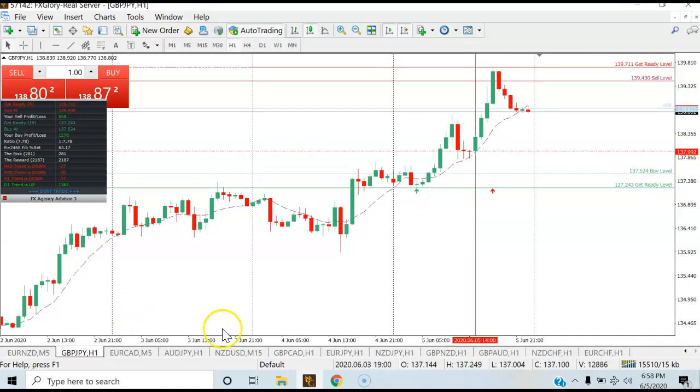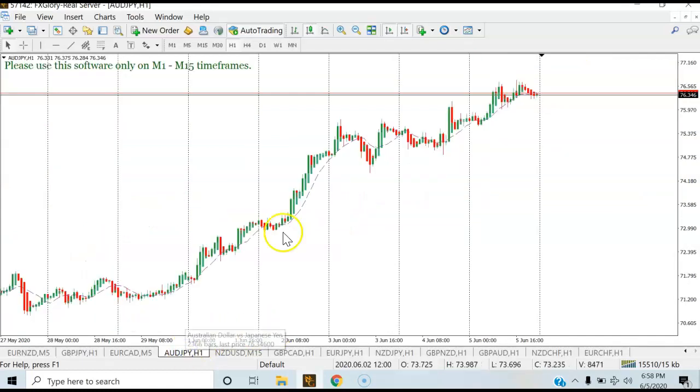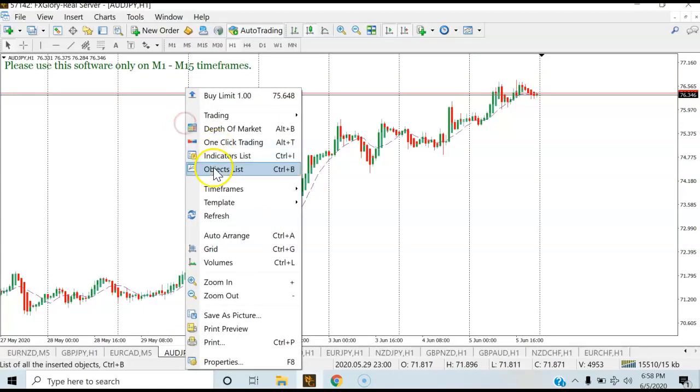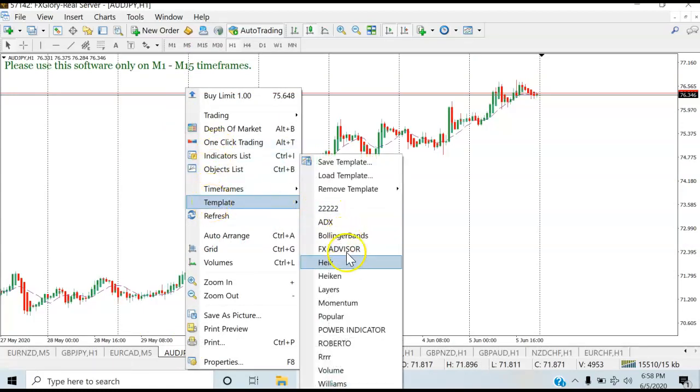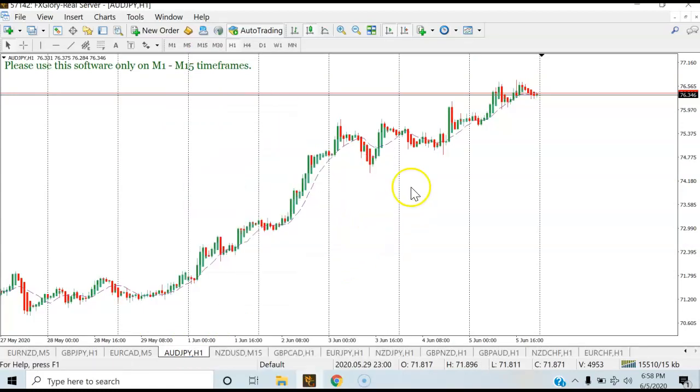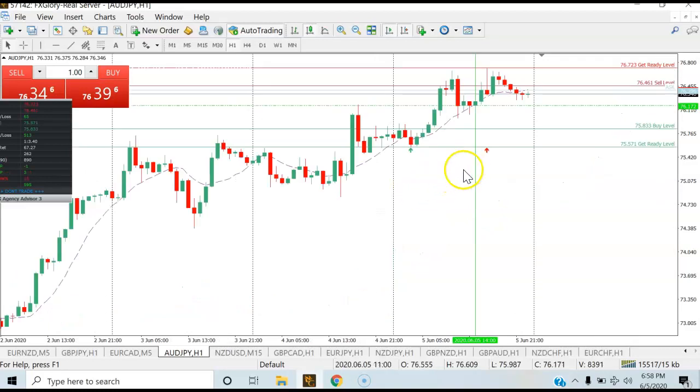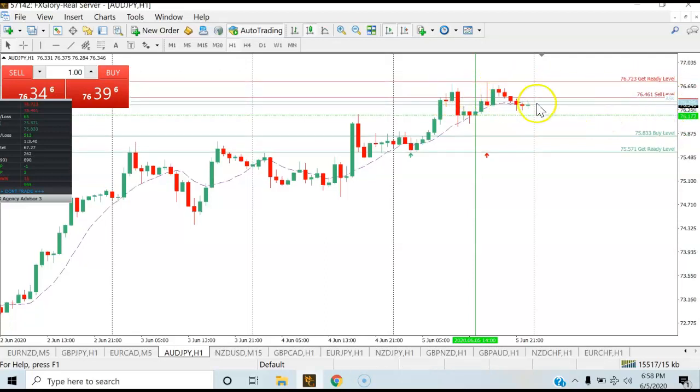Let's look at another pair, and I'll change the template to FX advisory. And here we go again. The Australian dollar had rallied, and then it found a resistance level on the 1 hour chart, inside bar, and that was the trade.